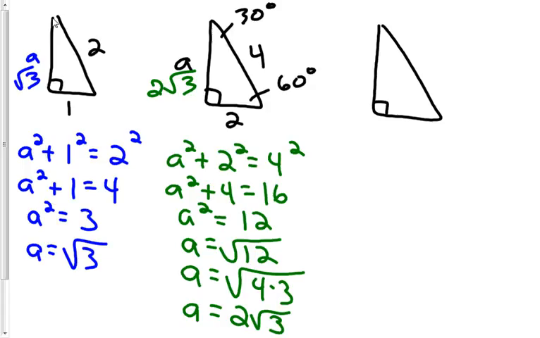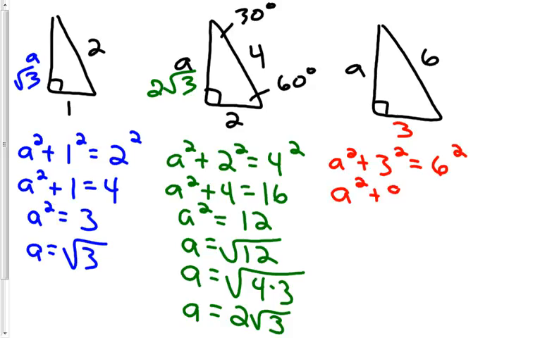Let's do one more to make sure we recognize the pattern here. We'll make the shorter leg 3. If the shorter leg is 3, we know the hypotenuse is twice that, 6. And we have to find the other leg with the Pythagorean theorem. So A squared plus B squared equals C squared.